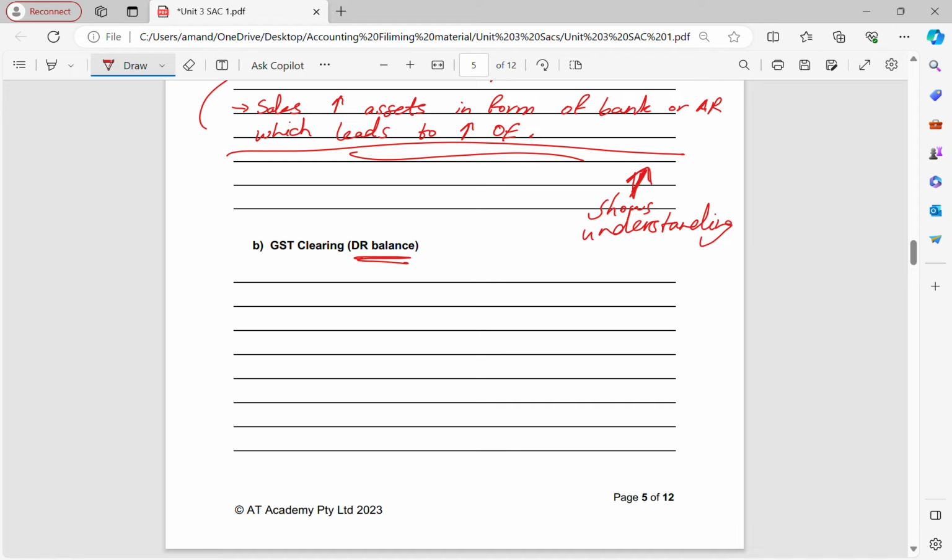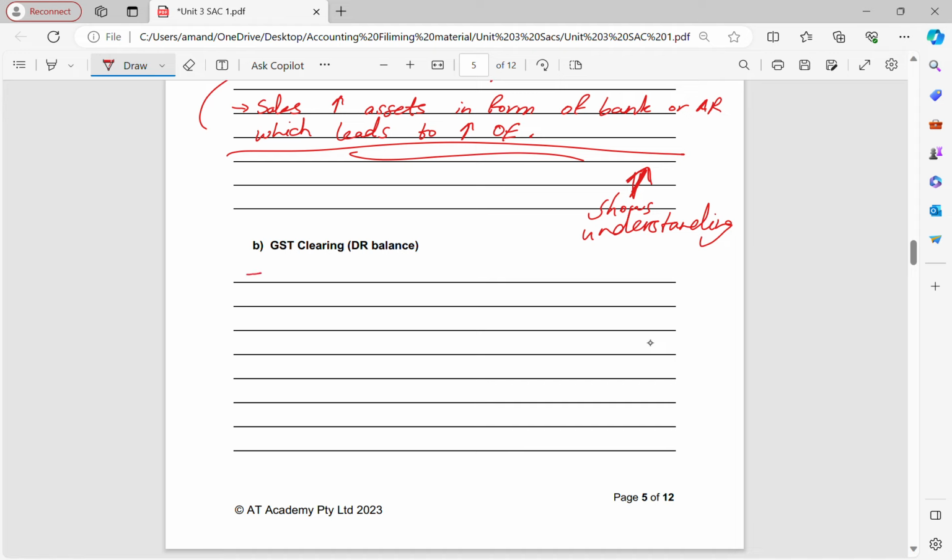GST clearing, when it's credited, is a liability, and when it's debited, it's an asset. Just make sure you understand that. I don't know what I was saying there, I just had a brain hemorrhage. Don't mind me.